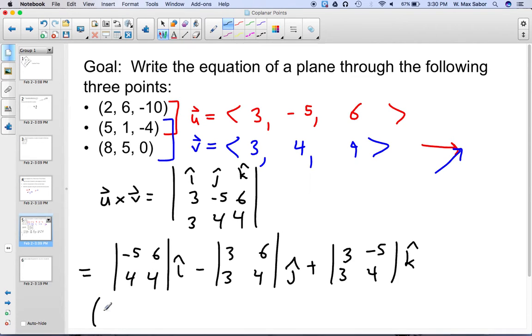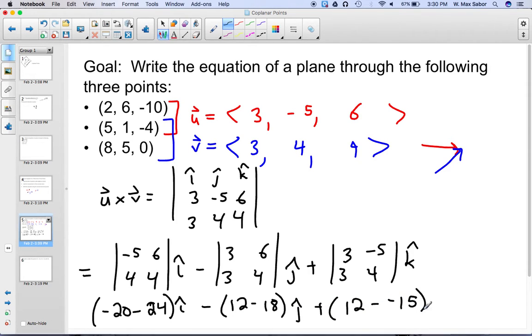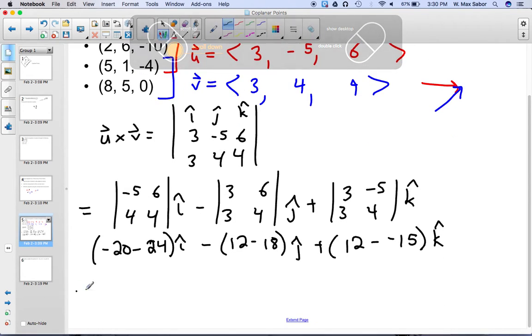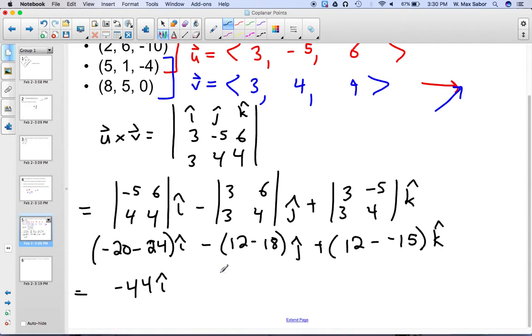These turn into negative 20 minus 24, 12 minus 18, 12 minus negative 15. Now this becomes negative 44, minus negative 6, so positive 6, and that will be plus 27 k hat.